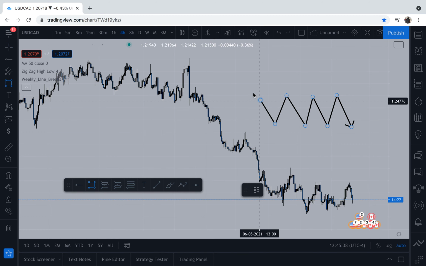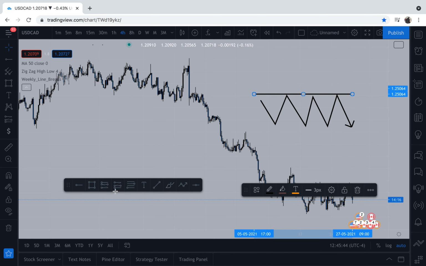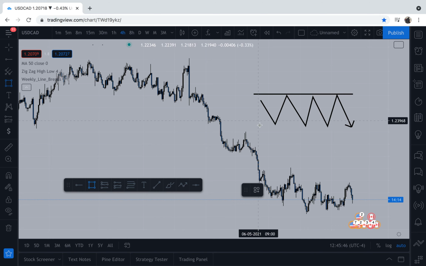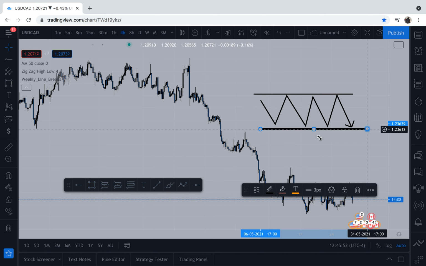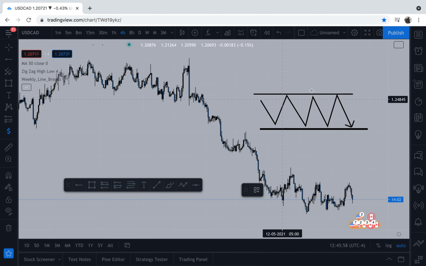And then you'll have a retail resistance on top and a retail support on the bottom. A lot of people are taught to buy here and sell here. However, I just see this as money. I see this as target areas.